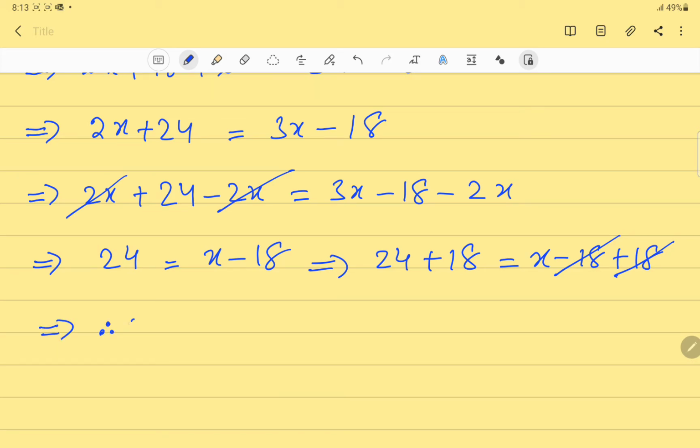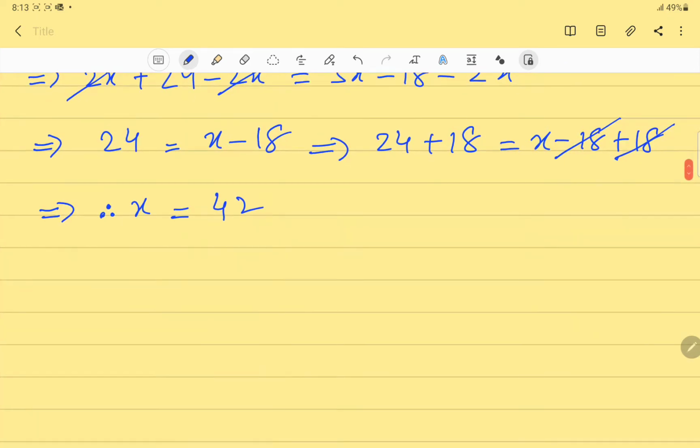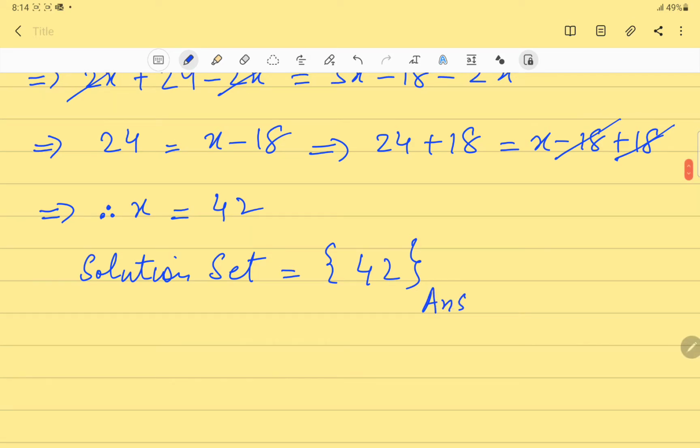So our x comes out to be 42. So our solution set is 42, which is the answer also of this question.